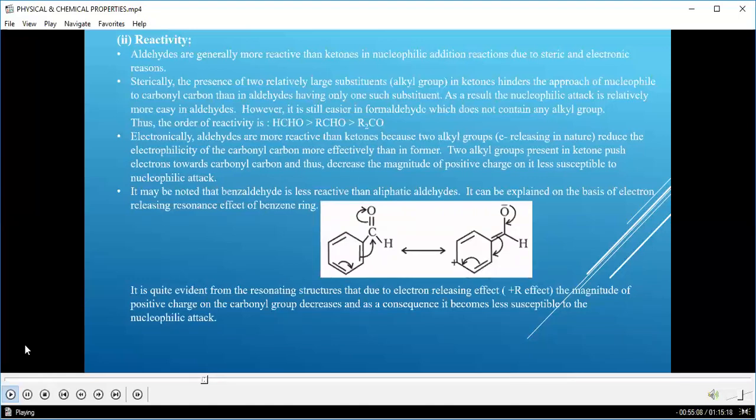So you can quickly note down these points: aldehydes are generally more reactive than ketones in nucleophilic addition reactions due to steric and electronic reasons. Among aldehydes, benzaldehyde is less reactive than aliphatic aldehydes.